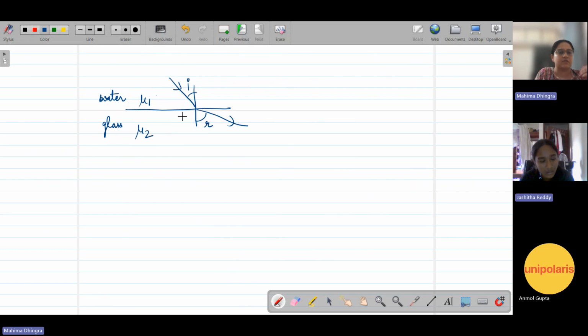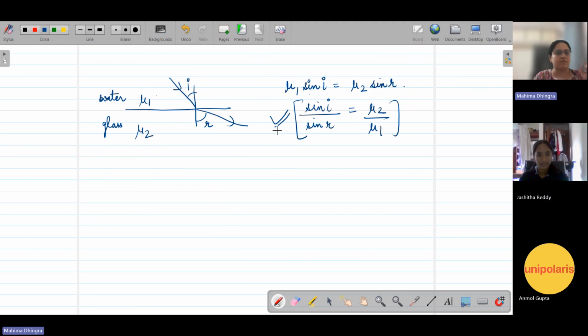So how we will use Snell's law? Mu1 sine i is equal to mu2 sine r. Sine i is in medium 1, so mu1 sine i. r is in medium 2, so mu2 sine r. Now, sine i upon sine r is equal to mu2 upon mu1.